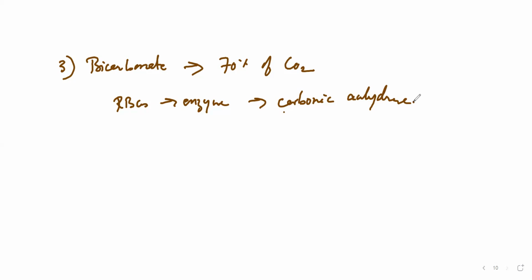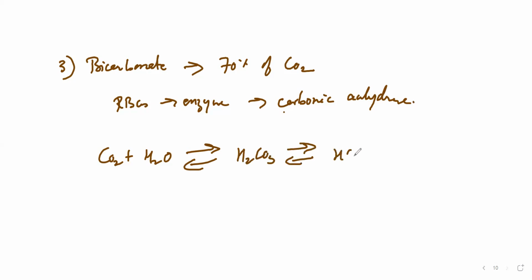So the equation will be CO2 plus H2O, and it's a reversible reaction, giving bicarbonate plus hydrogen ion. Both reactions take place in the presence of this enzyme only, carbonic anhydrase.